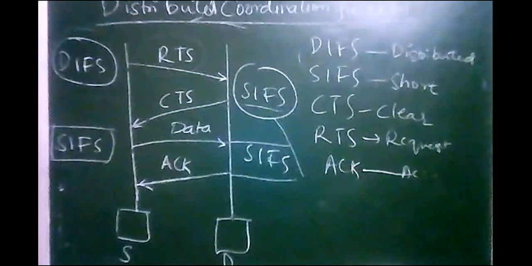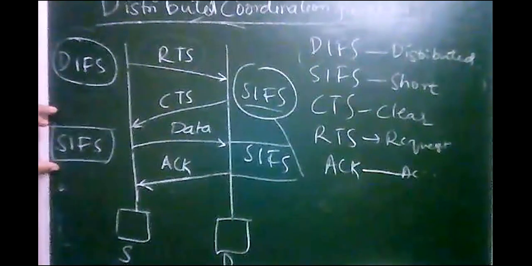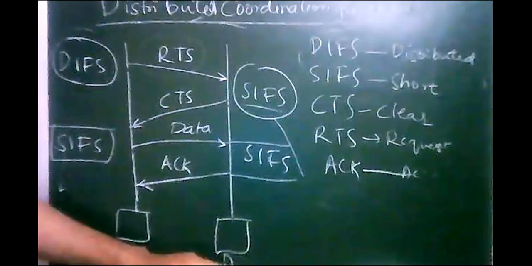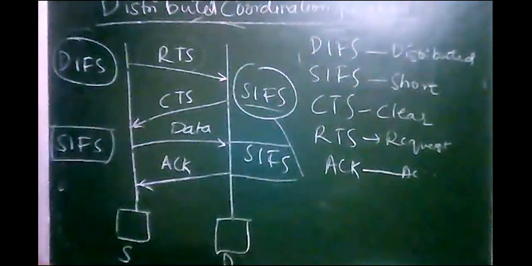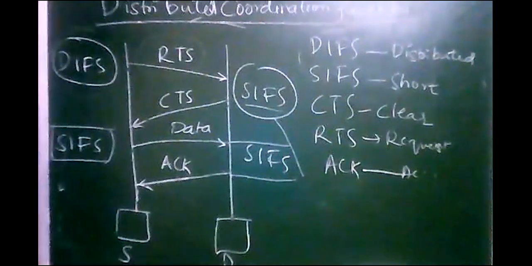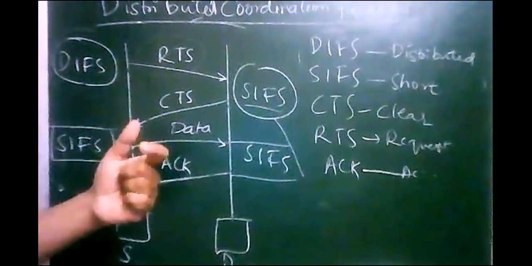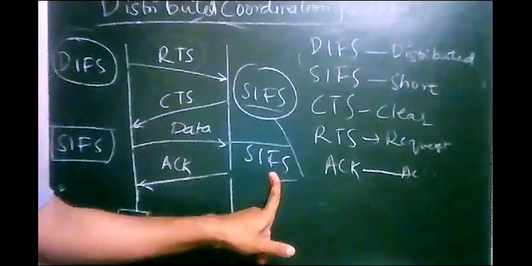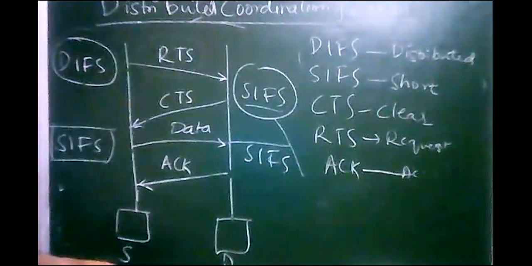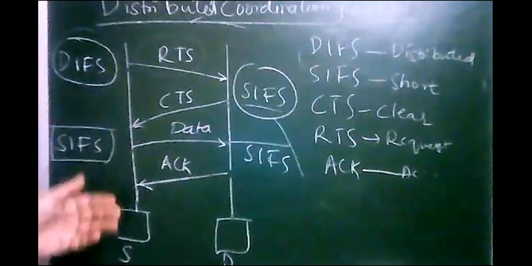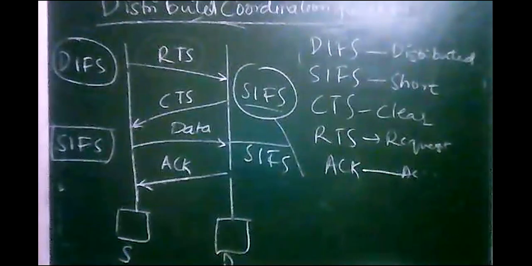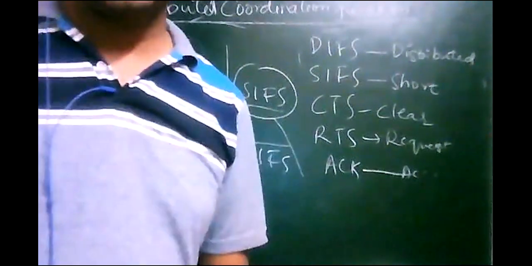It will not send immediately. It will prepare the data and send it to the destination. After the data has been received, the destination station will send an acknowledgement to the source station that I received the data. This is the working of the distributed coordination function.